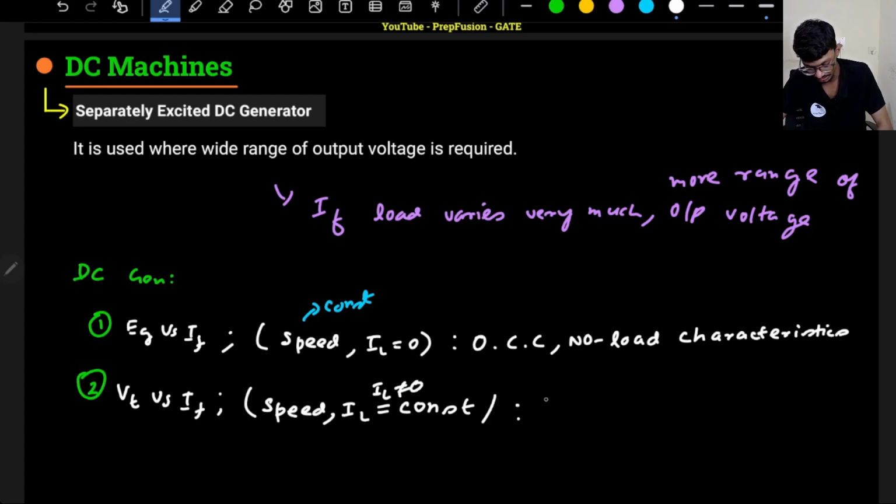So that's why it is called the load characteristics, or also called the internal load characteristics.